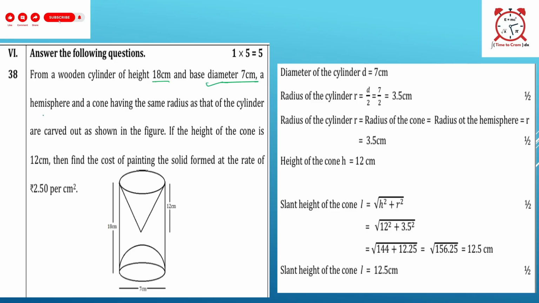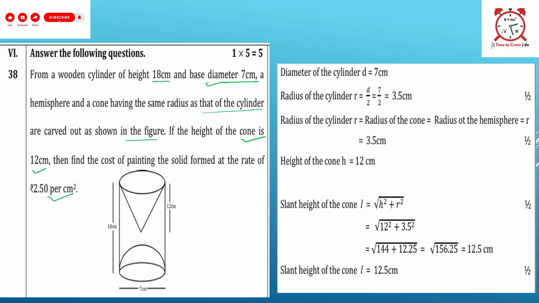One hemisphere is there at the base of the cylinder, and cone is on the top of the cylinder. They having the same radius as that of the cylinder are carved out as shown in the figure. If the height of the cone is 12 centimeter, then find the cost of painting the solid formed at the rate of rupees 2.50 per centimeter square.